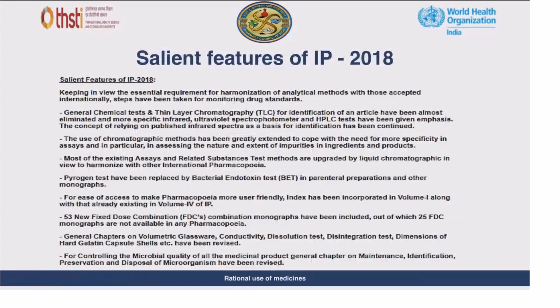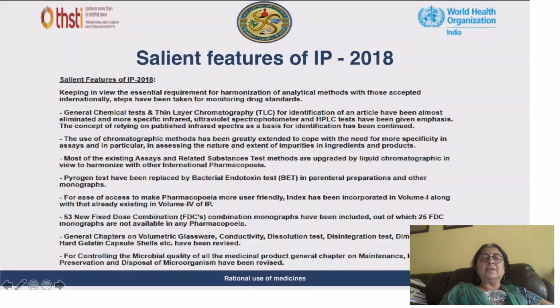Now, the salient features of the IP 2018 include, keeping in view the essential requirements for harmonization of analytical methods, general chemical tests and thin layer chromatography for identification of an article have been almost eliminated, and more specific infrared, ultraviolet spectrophotometer and HPLC tests have been given more importance.